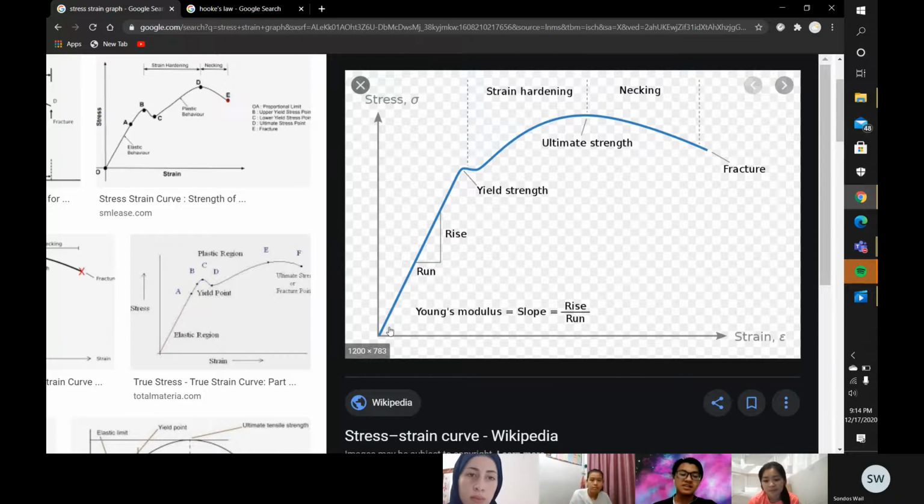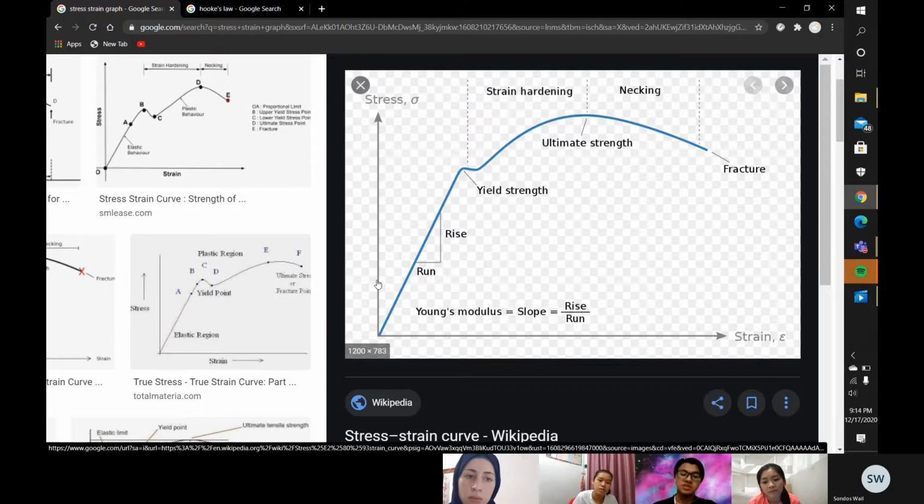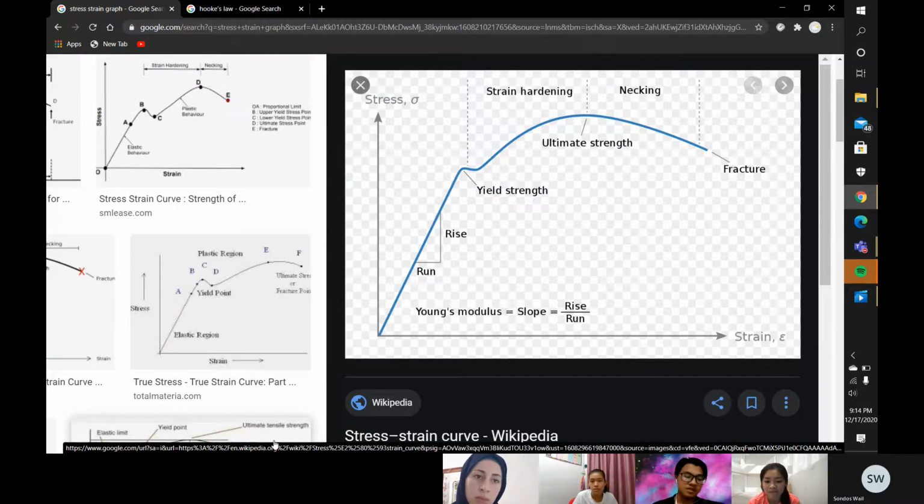At the elastic region, Hooke's law is obeyed. Stress and strain are directly proportional to each other. Hooke's law is a law of physics that states that the force needed to extend or compress a spring by some distance scales linearly with respect to that distance. F equals Kx, where K is a constant factor characteristic of the spring.